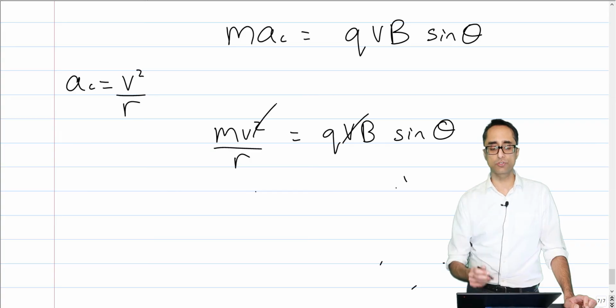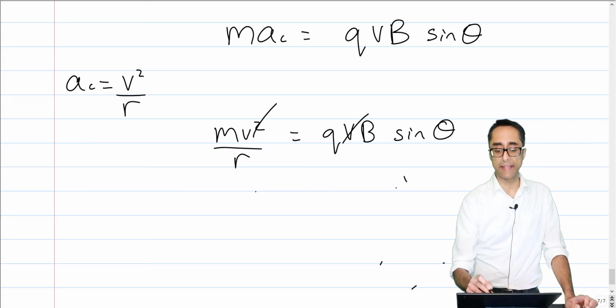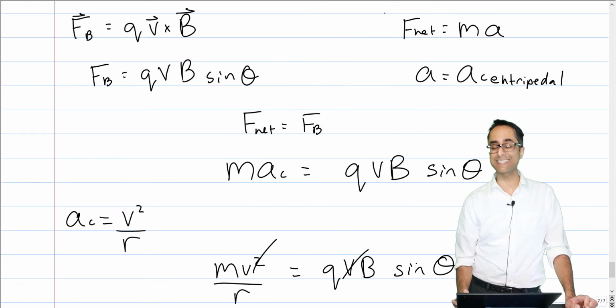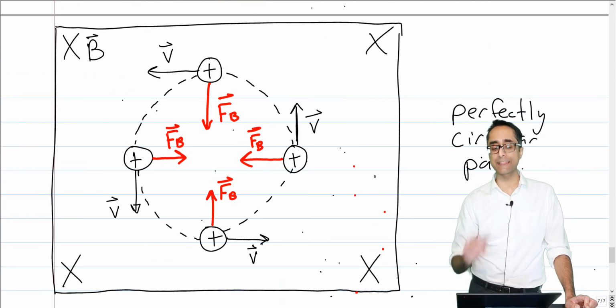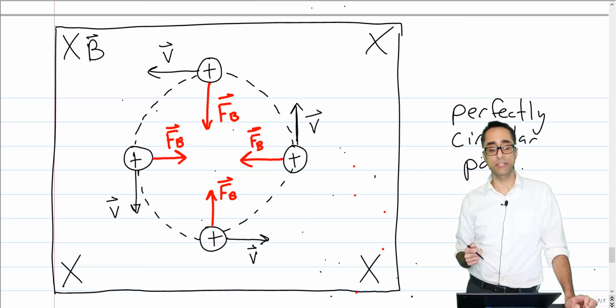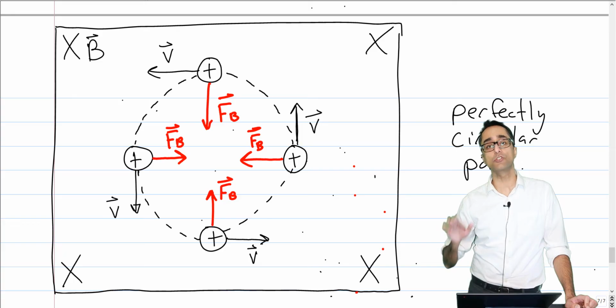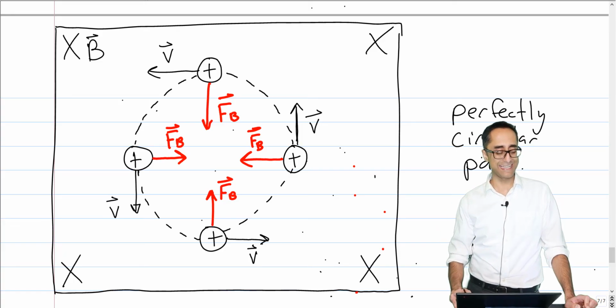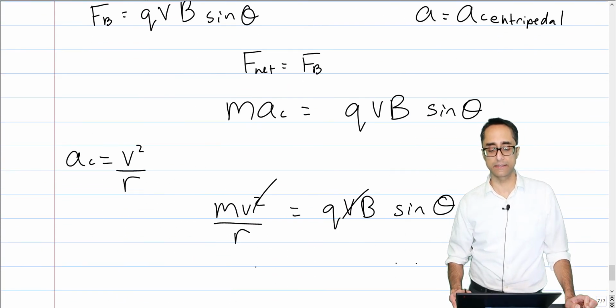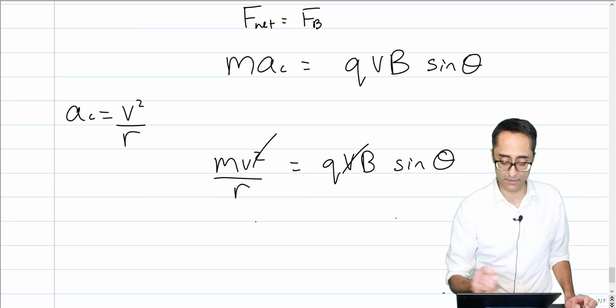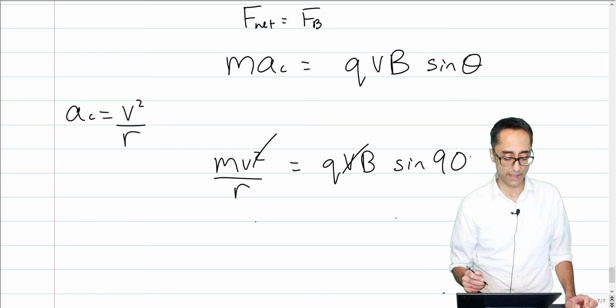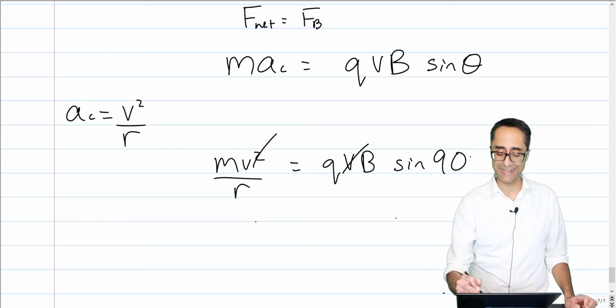And the other thing we could do is the angle, because what is the angle theta in this problem? Going back, this is the angle between the velocity and the magnetic field. Magnetic field is into the page, velocity sometimes is left, right, up. That doesn't matter because it's always going to be 90 degrees in this case. And so let's sub theta for 90 degrees. And what is the sine of 90?